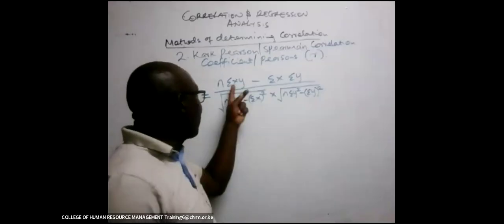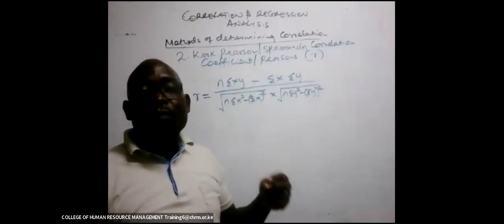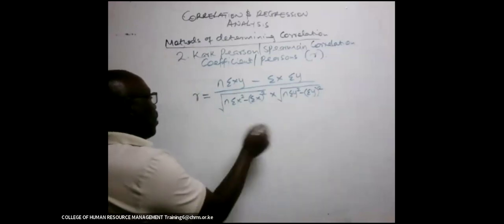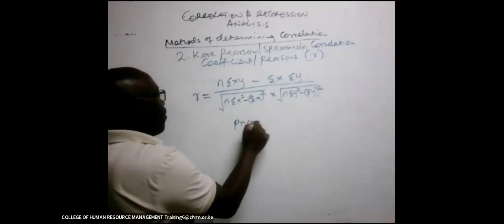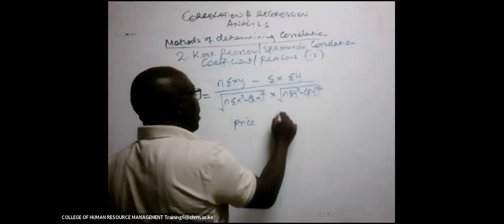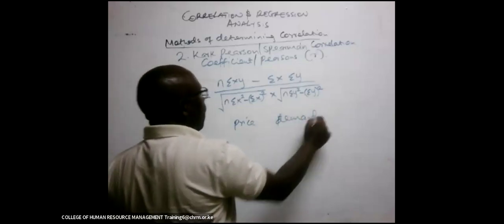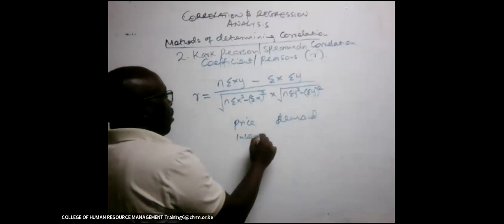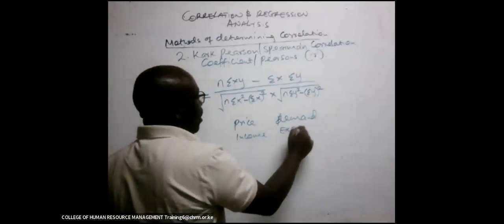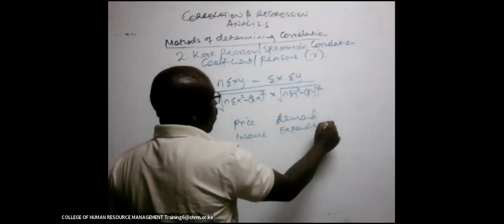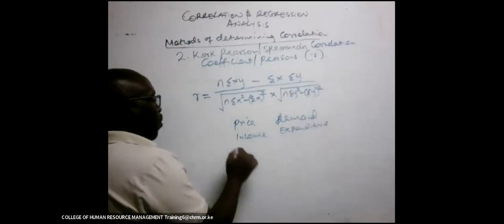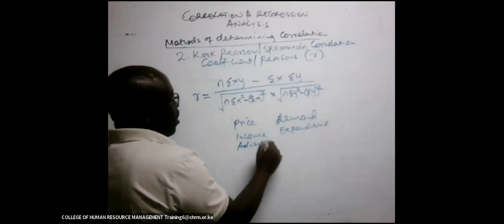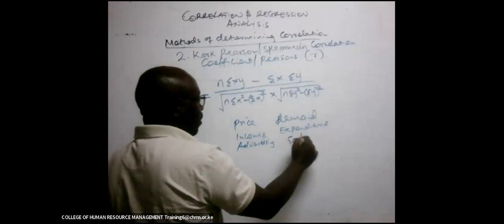When I say x, I simply mean the value of the independent variable. For example, price versus demand, income versus expenditure, advertising and sales.